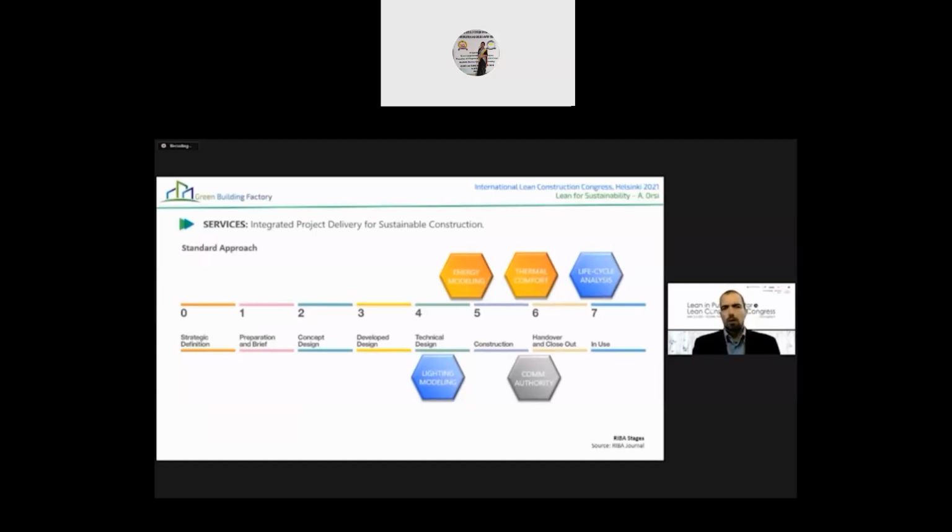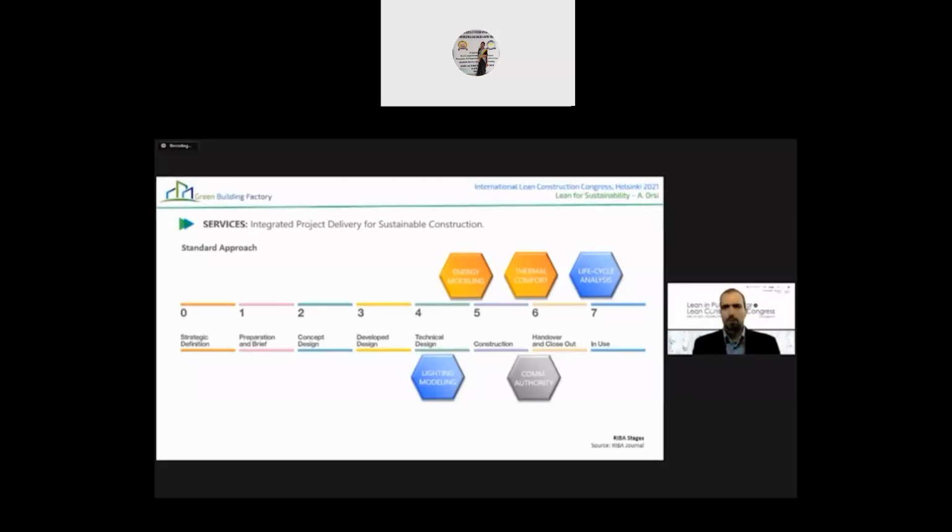And all these consultants are tied to the owner or to the general contractor with separate contracts. So that makes the process extremely fragmented. And the real problem is that whenever you have a problem, it is always everybody else's fault.